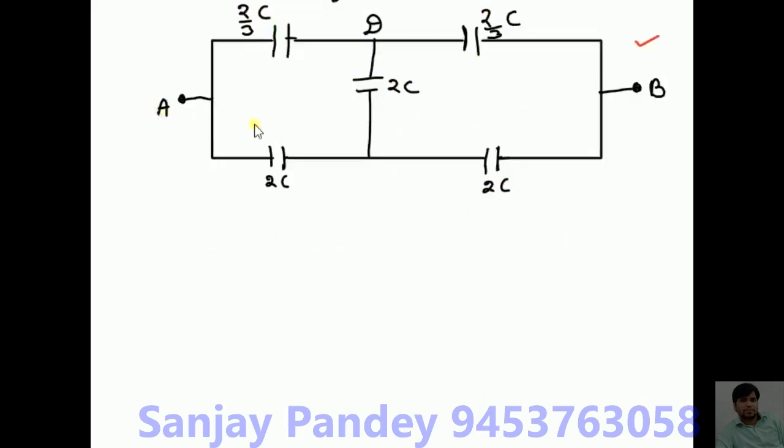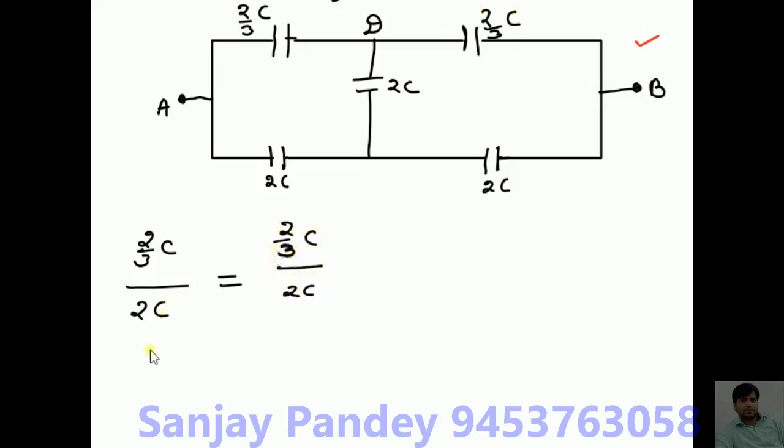Now from this circuit diagram we see that the capacitance 2 upon 3C upon this capacitance 2C is equal to this 2 upon 3C capacitance upon this 2C. It is 3.